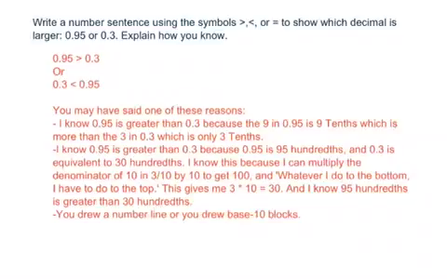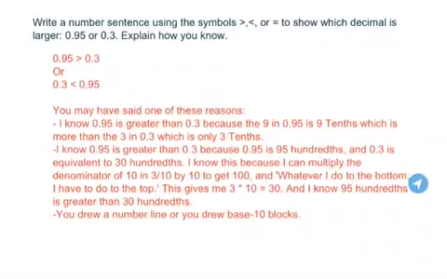Or maybe you said, I know that 95 hundredths is greater than 3/10ths because 95 hundredths is 95 hundredths, and 3/10ths is equivalent to 30 hundredths. I know this because I can multiply the denominator of 10 in 3/10ths by 10 to get 100.